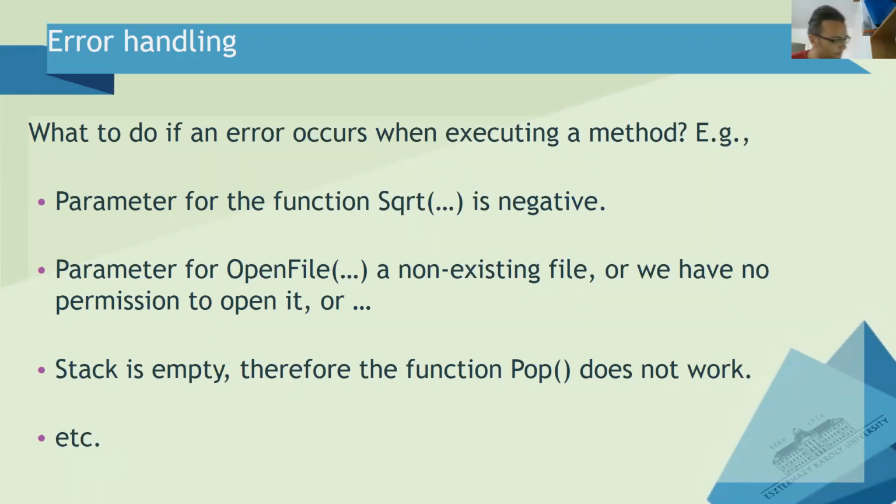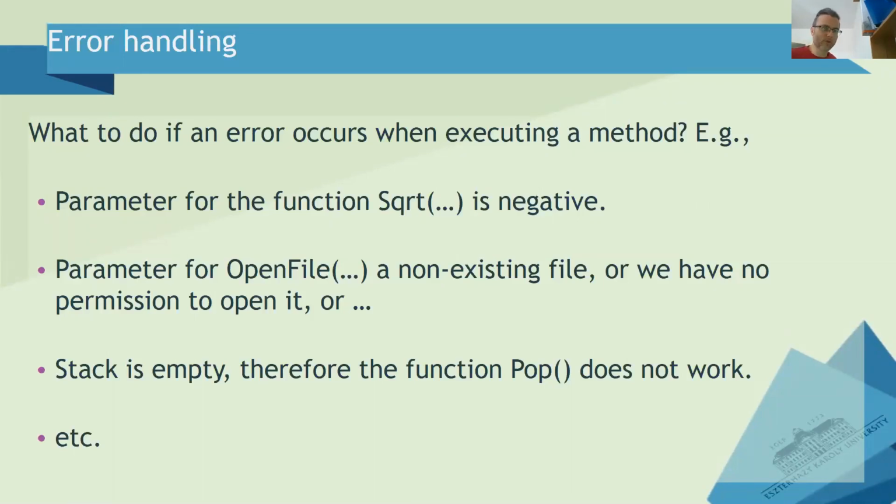Okay. So if you look at the slide, it tells you examples of what kind of errors can happen during runtime. This is important. So just imagine that you use the Neptune system and some error happens meanwhile, while you use it, so in runtime.